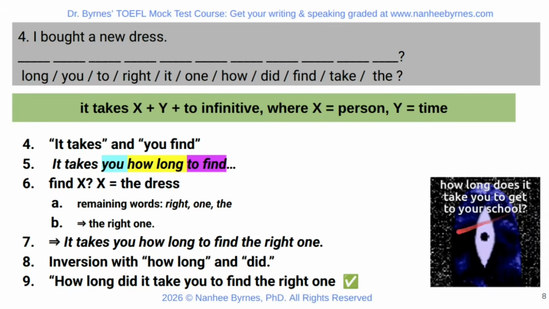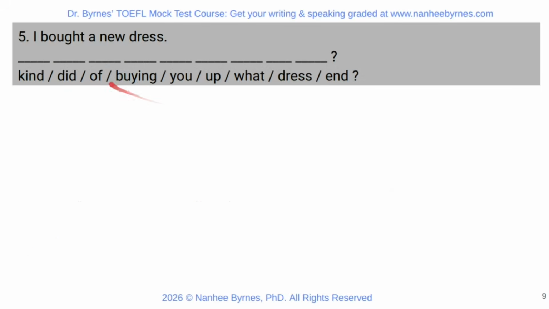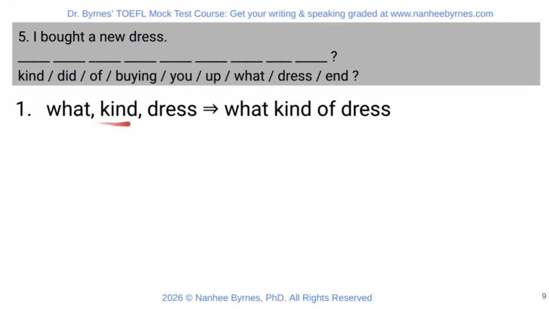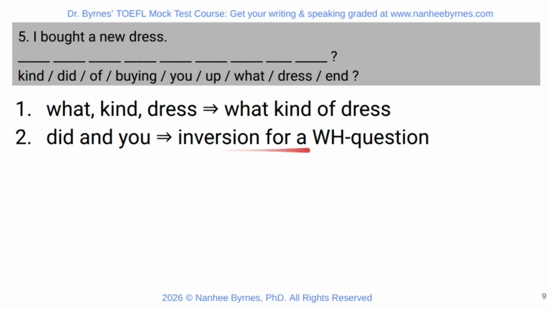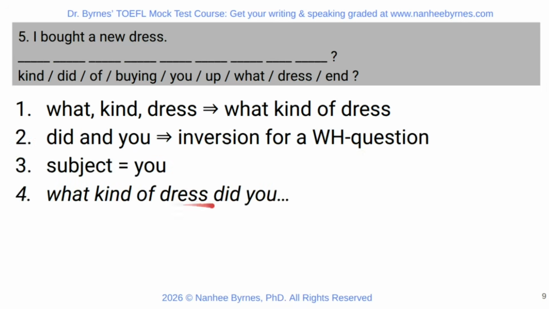We notice the words what and kind along with dress, so we can tell that the question is asking what kind of dress. Next, we see did and you, which tells us we need inversion for a WH question, and the subject is you. This gives us what kind of dress did you?